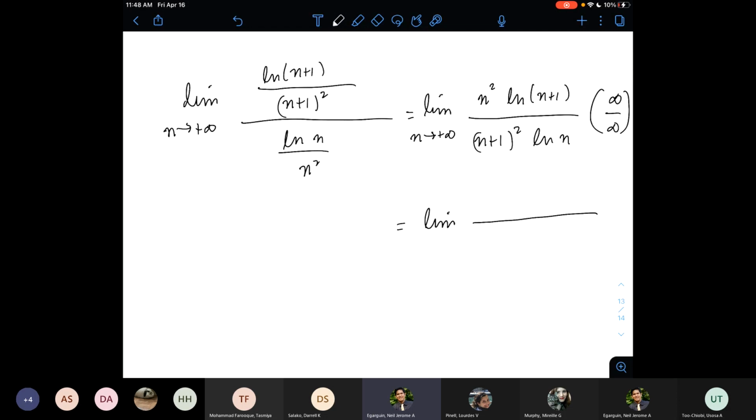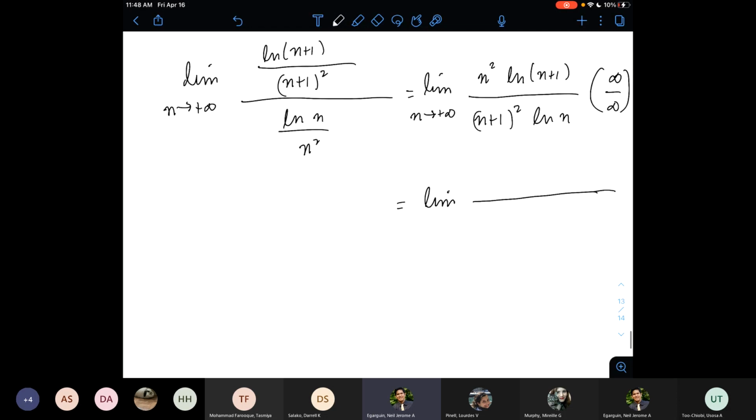The derivative of the top would be obtained by using the product rule. So it's going to be n squared over n plus 1 plus 2n ln of n plus 1. And this doesn't look good. So I'll have n plus 1 quantity squared over n plus 2 times n plus 1 times ln n.